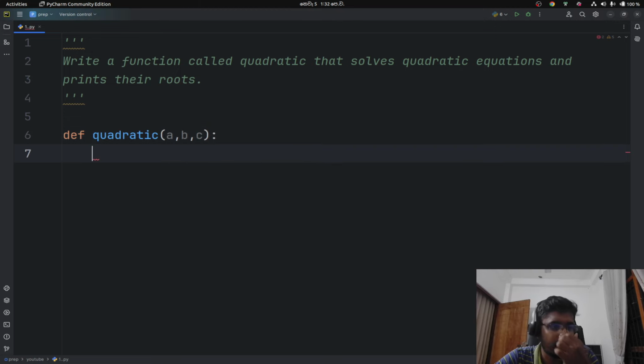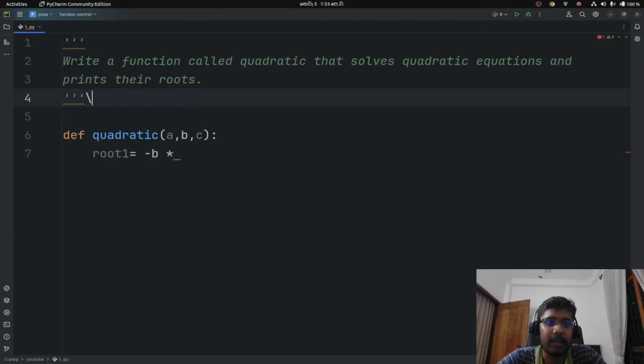And then here I'm going to say root 1 equals minus b plus, now I need to get the square root of b squared minus 4ac.